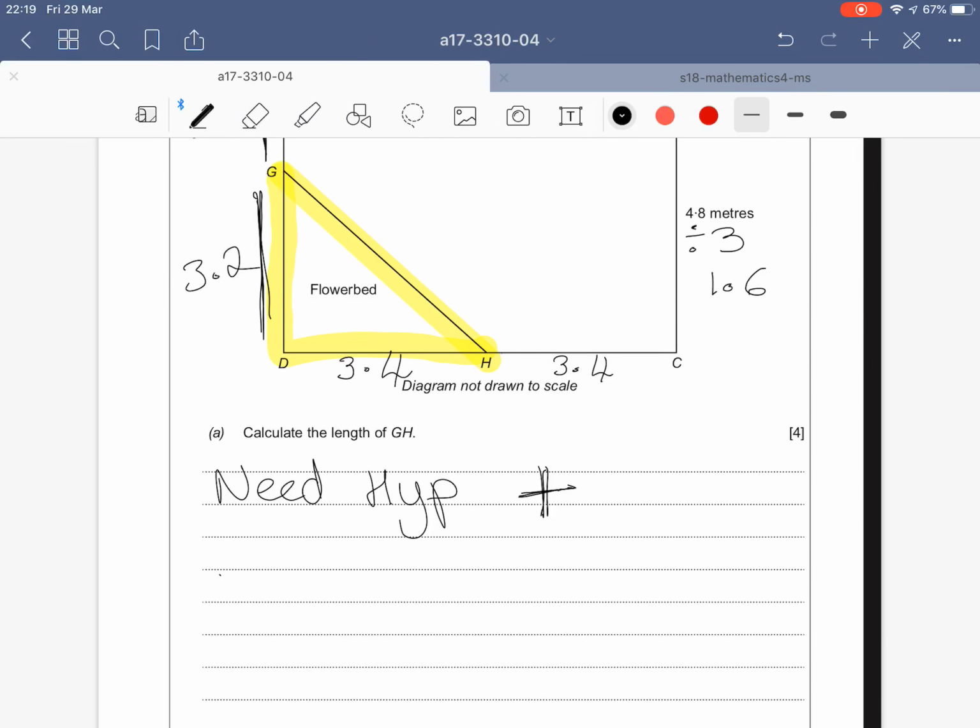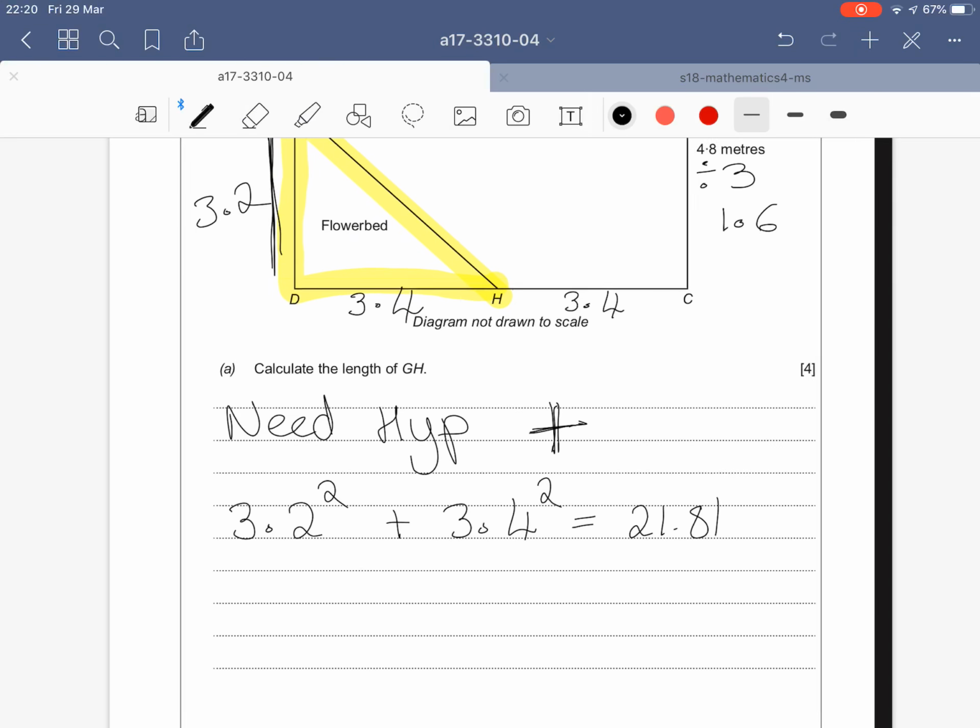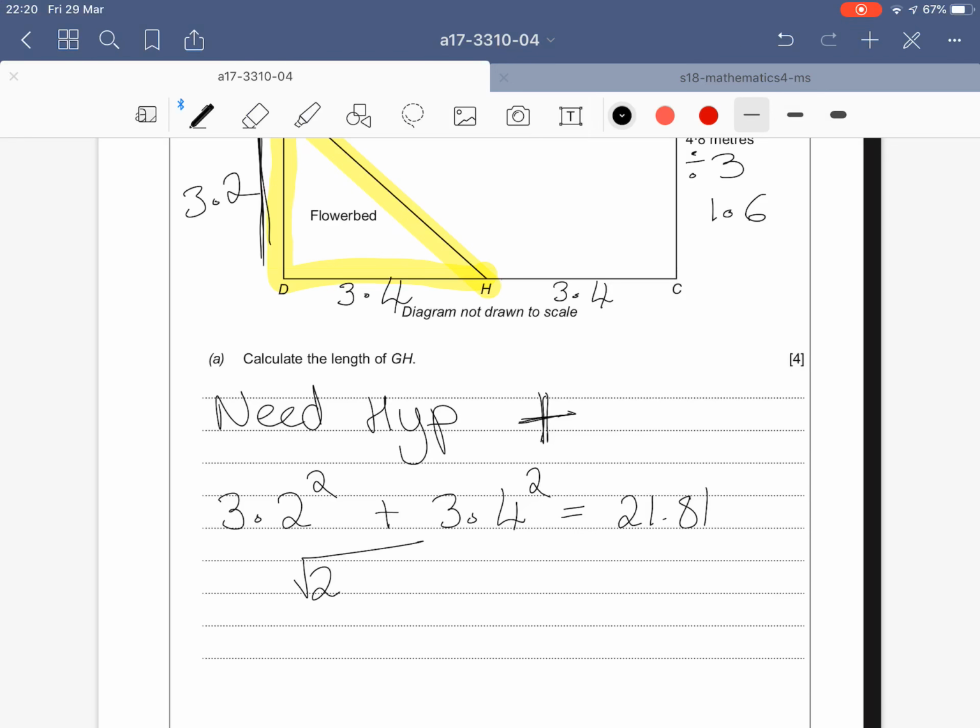If we need a shorter side, we take away. So we're going 3.2 squared, add 3.4 squared, whatever that is, I think it's 21.8. We need the square root of 21.8 to get 4.7 centimetres.